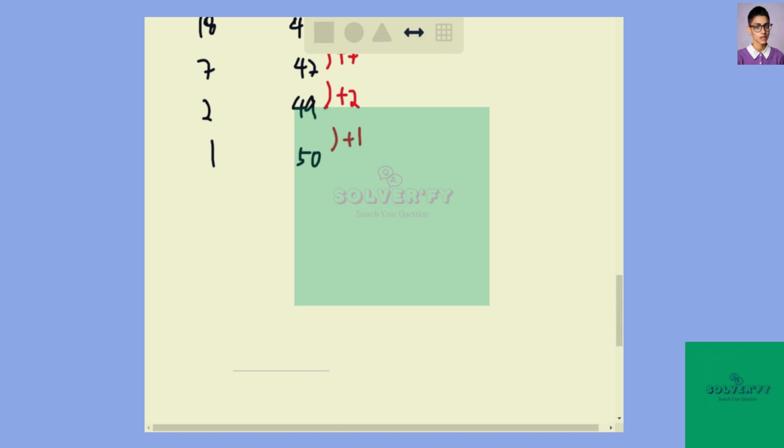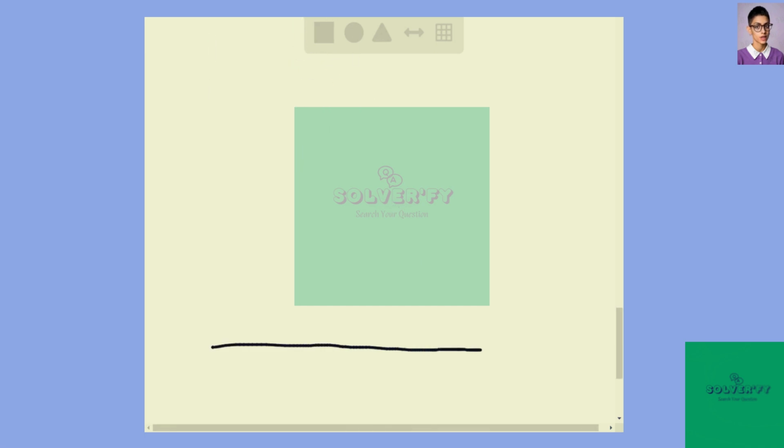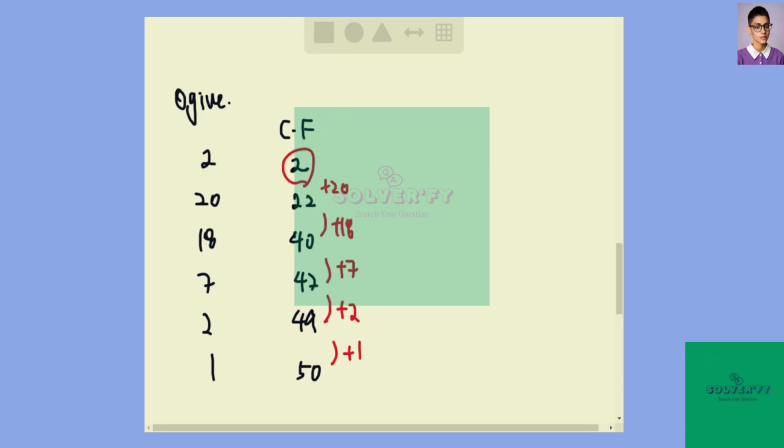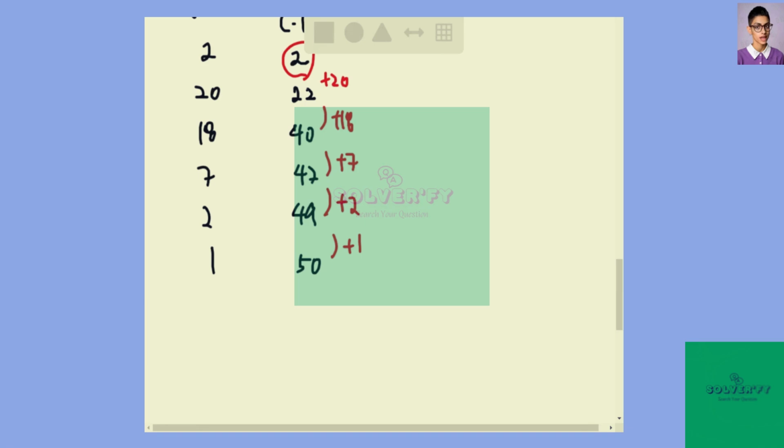And let me use this. So it looks like that's working. So I'm going to put it in black pen like this. And let's try one more time. It's not working. So here, like this. Okay, so here, cumulative frequency back here: 50, 49, 47, 40, 22, 2.